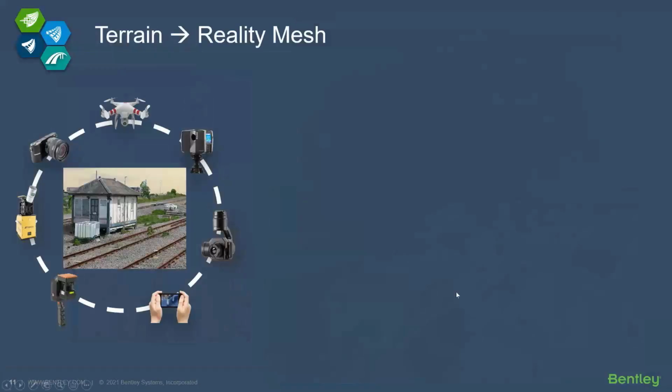This reality mesh is data that comes from different instruments. It could be drones, sensors, or even your normal cameras, phone cameras, mobile cameras, or cameras installed on a vehicle. This data follows the principle of photogrammetry.